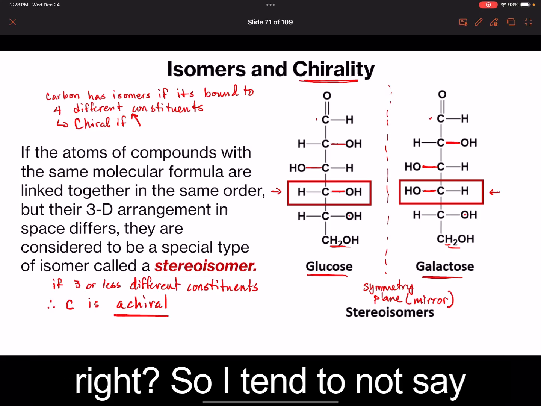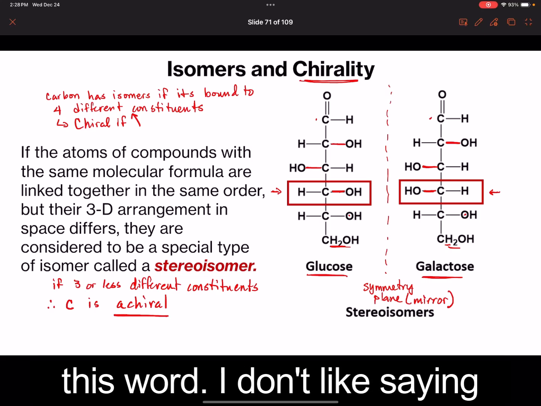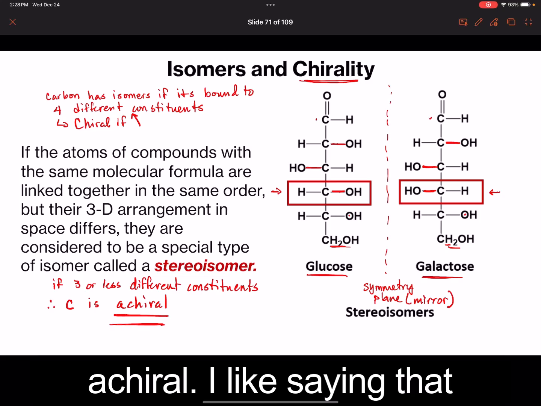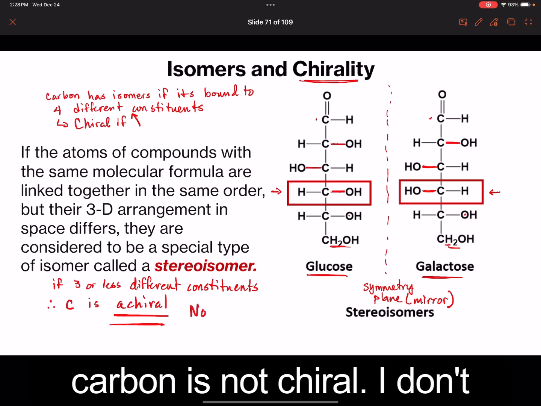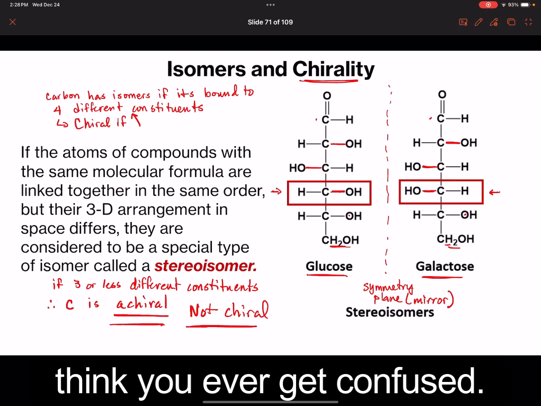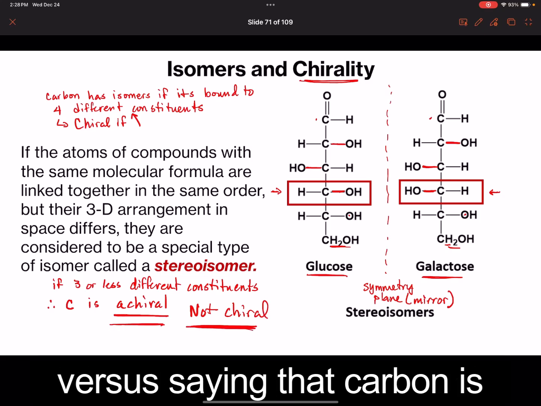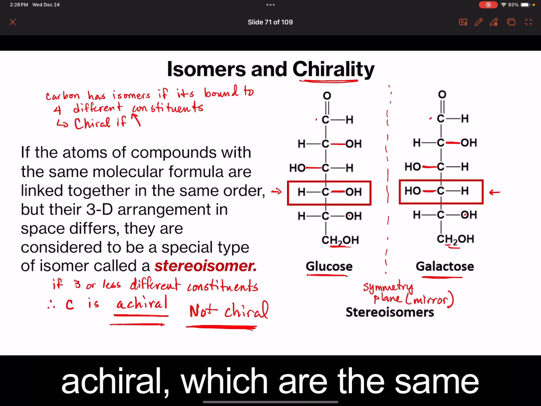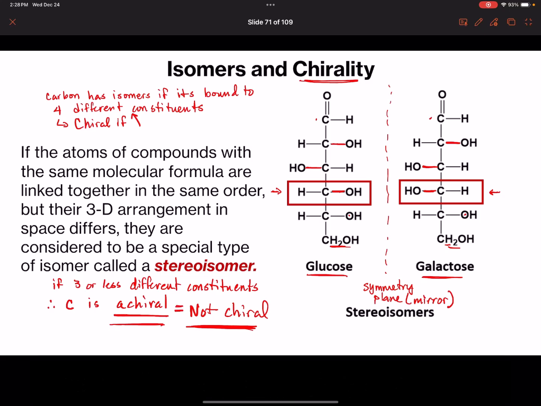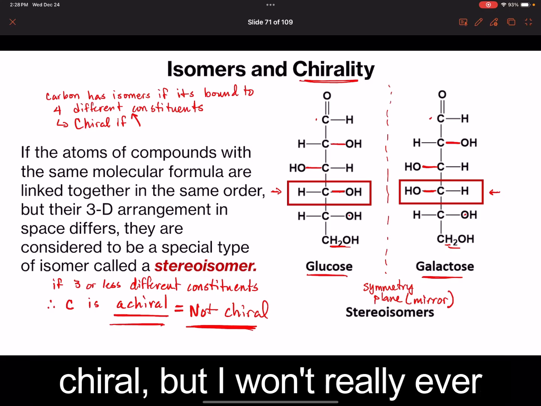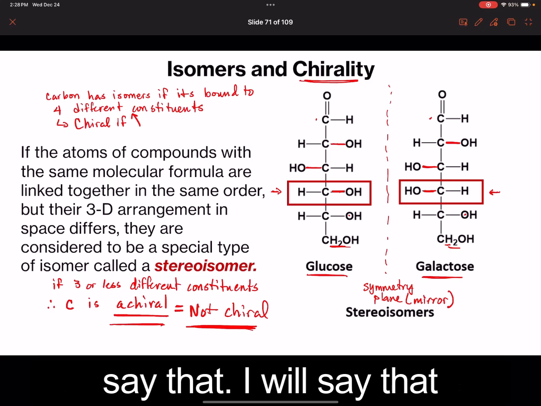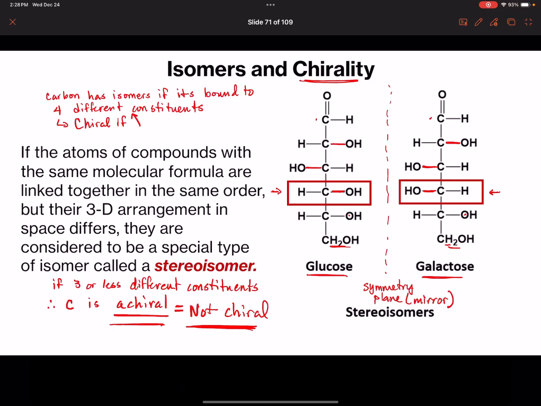So I tend not to say this word. I don't like saying achiral. I like saying that carbon is not chiral. I don't think you ever get confused when I say that is not chiral, versus saying that carbon is achiral, which are the same things. So achiral means not chiral, but I won't really ever say that. I will say that carbon is not chiral.